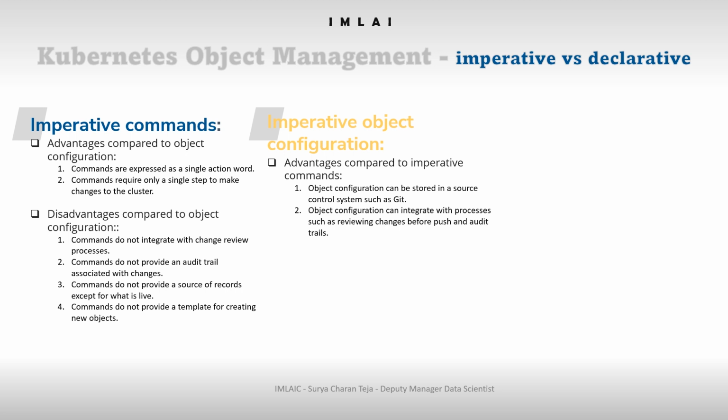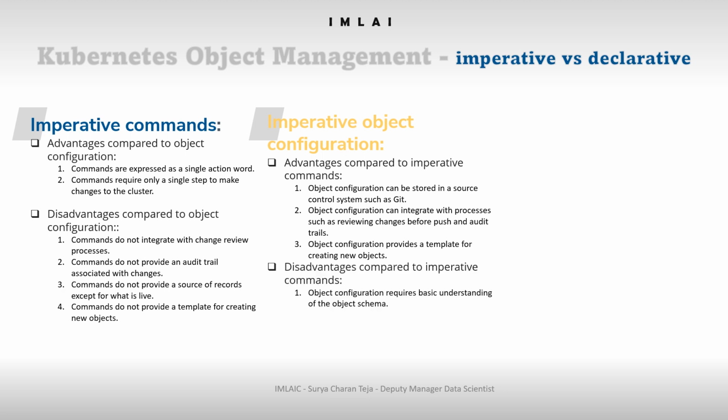Object configuration provides a template for creating new objects. Disadvantages of imperative object configuration compared to imperative commands are the following. Object configuration requires basic understanding of the object schema, and object configuration requires an additional step of writing a YAML file. Unless you write a YAML file, it is difficult to work with imperative object configuration.